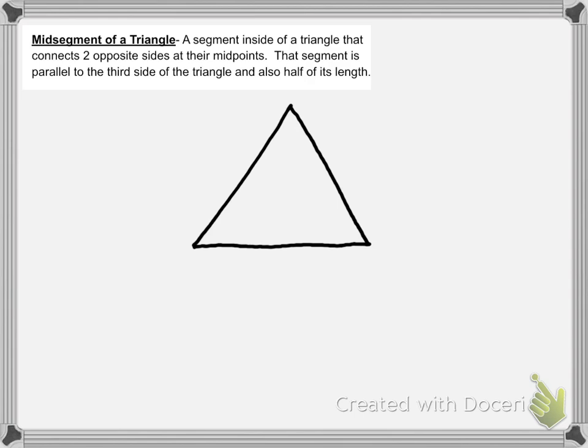So, a segment inside of a triangle that connects two opposite sides at their midpoints. So let's look at this point here and that point there. Now, if those are midpoints, that means that those are congruent and those are congruent. Let's name this D, E, F. And then let's give these points names.